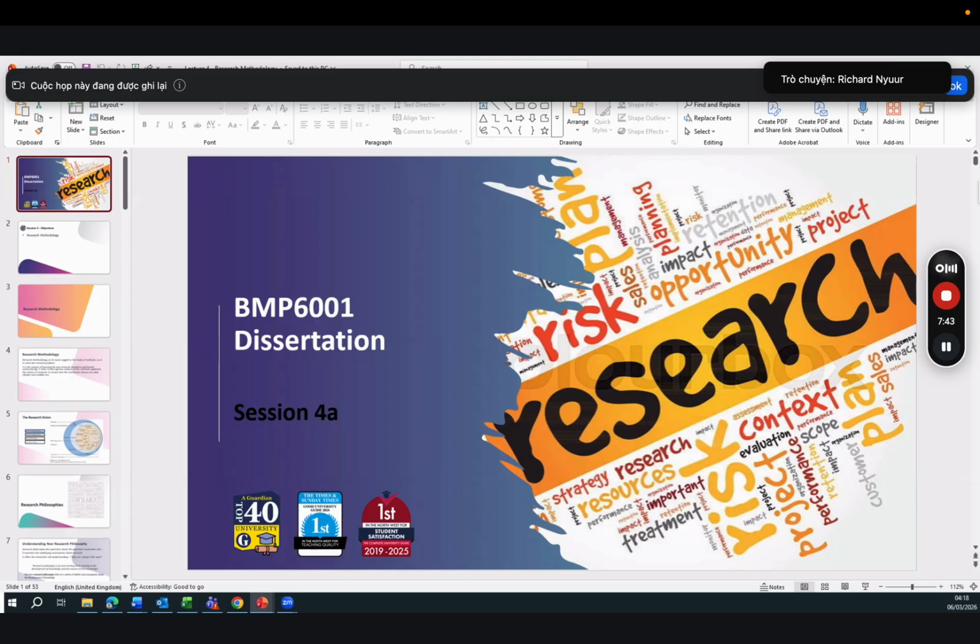At this stage, all we want you to do is to identify your topic, to be able to justify why the topic is relevant, why you are undertaking the topic, that is the research gap.